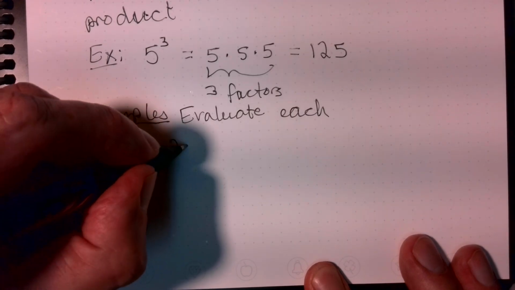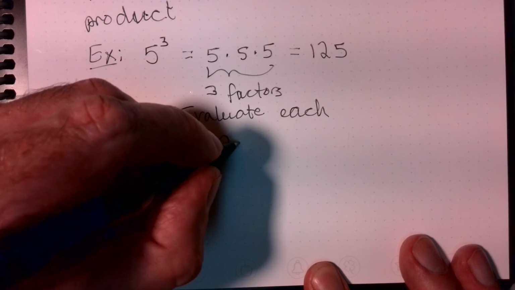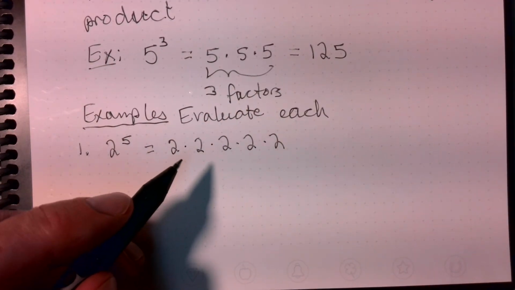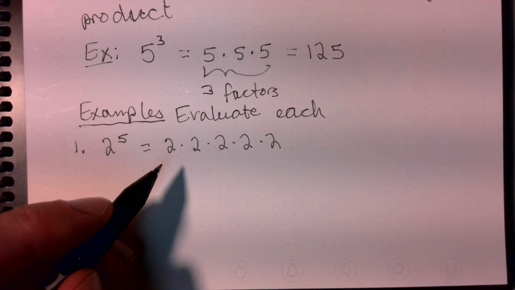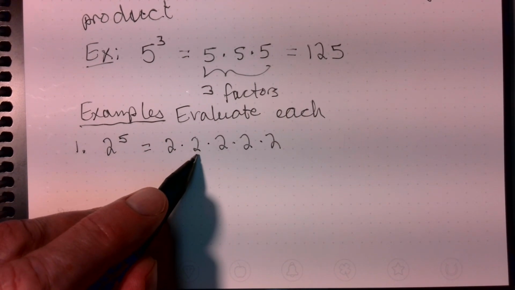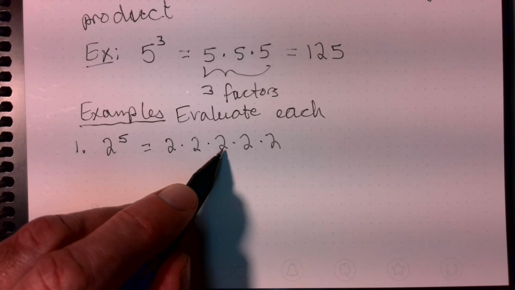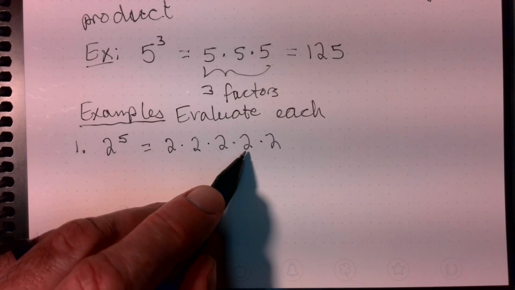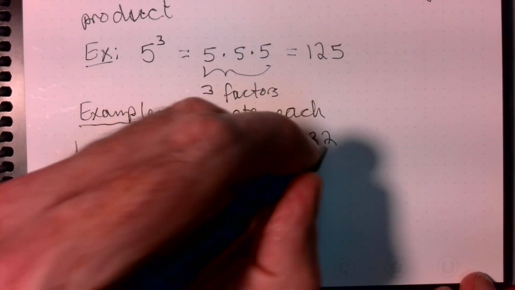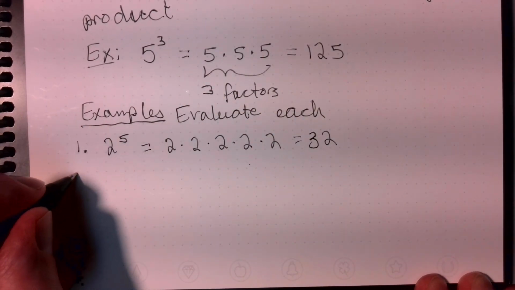Well, 1, 2, 3, 4, 5. 5 factors of 2. It's actually pretty quick to do something like this. Every time you multiply by 2, you're doubling. So take 2, double it, now you have 4. Double that, now you have 8. Double that, now you have 16. And finally double 16 and you get 32. So 2 power 5 is 32.